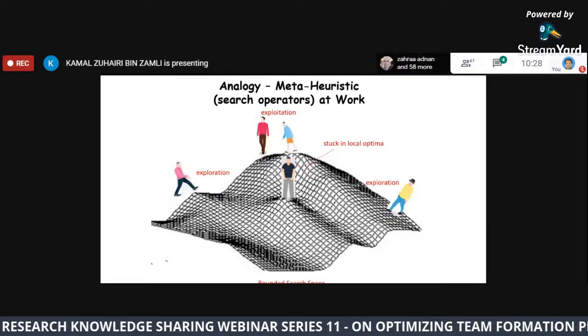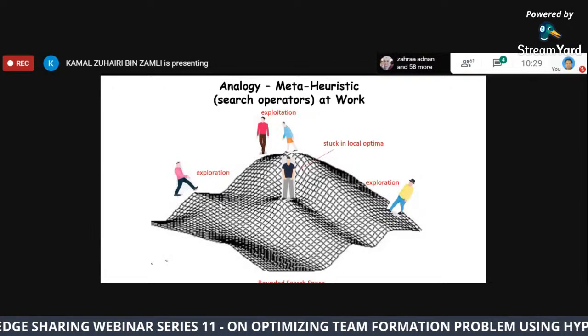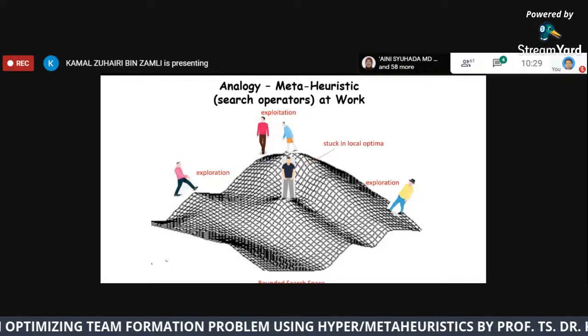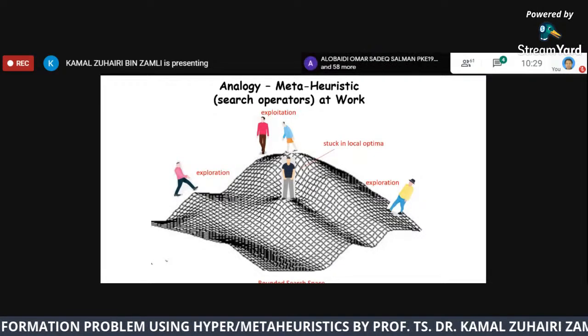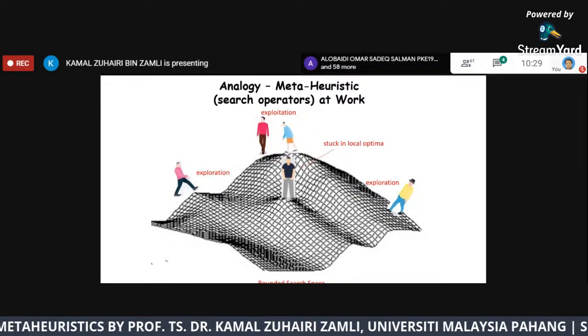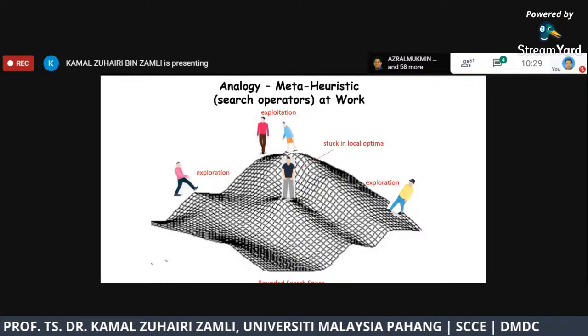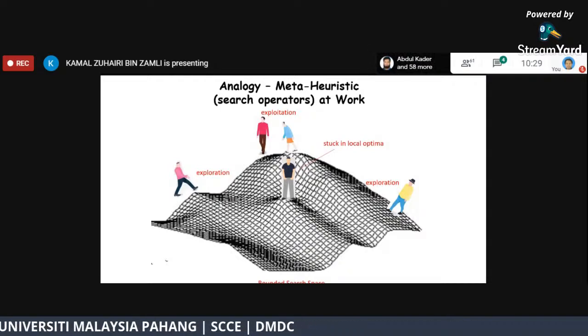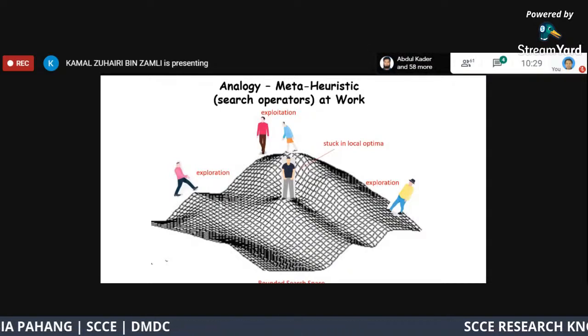Explore means global search. Exploit means local search. When you explore, the displacement is large. Typically, in any meta-heuristic, the update equation will be x_{t+1} = x_t + delta. When you explore, the delta is large. When you exploit, the delta is small.